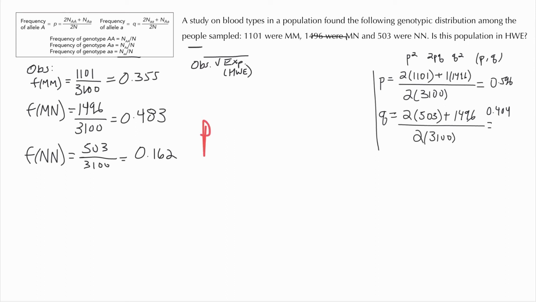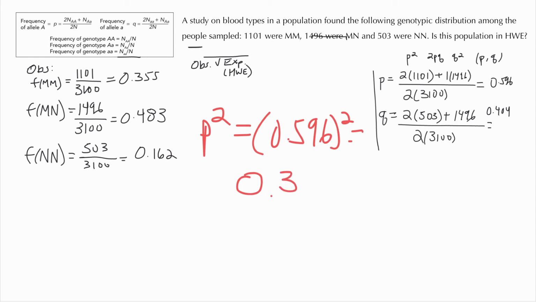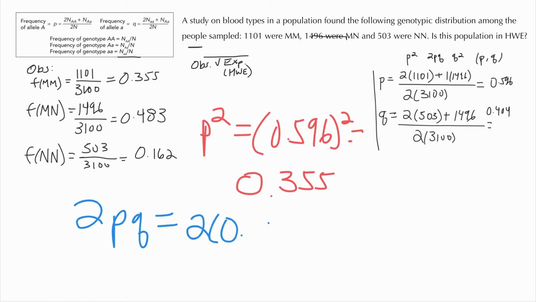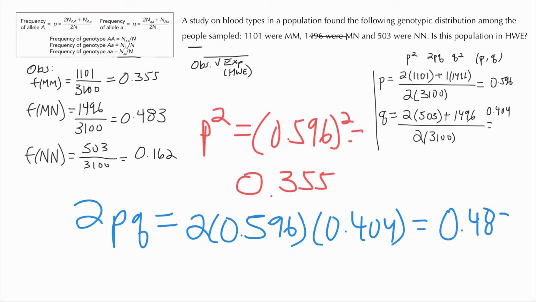p squared, which is what we expect the frequency of MM to be, is 0.596 squared, and that's equal to 0.355. Our 2pq, which is the expected frequency of heterozygotes, is 2 times 0.596 times 0.404, which equals 0.482.